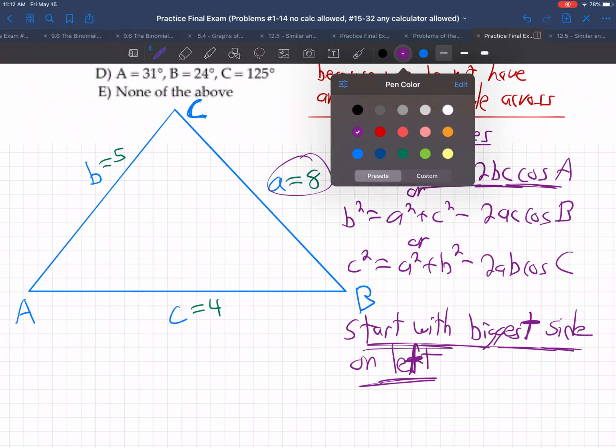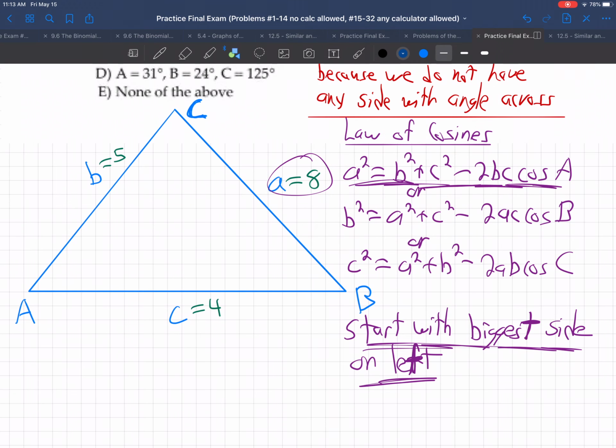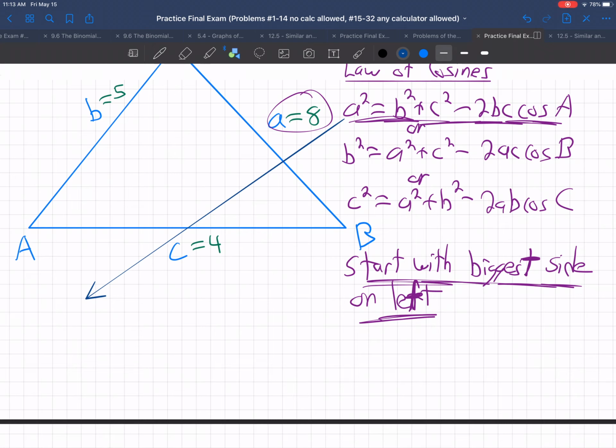So let's take it on down. The law of cosines, that version: a squared is b squared plus c squared minus 2bc cosine capital A. All right, let's plug this stuff in.